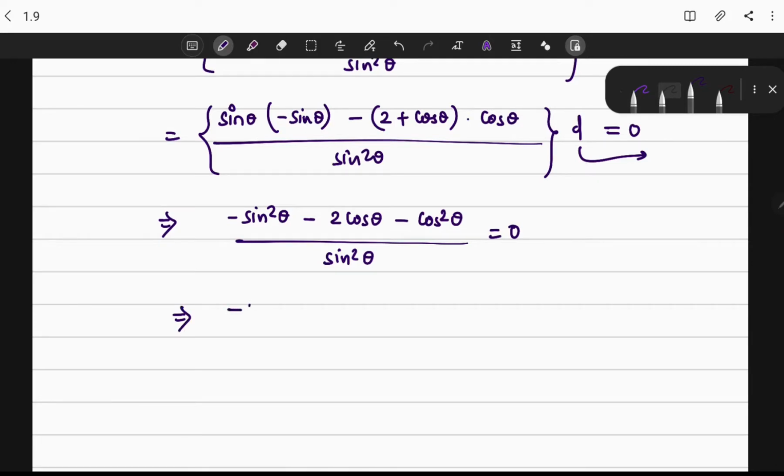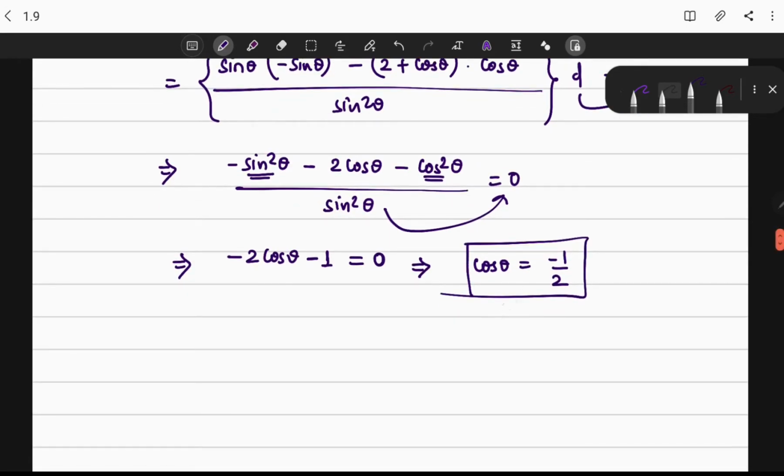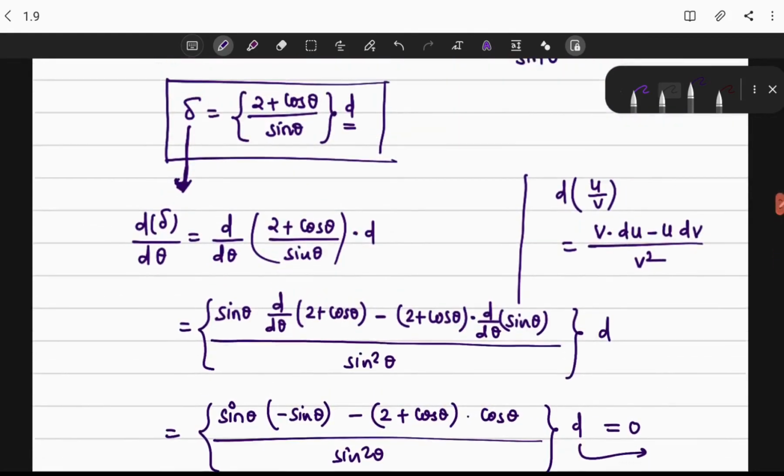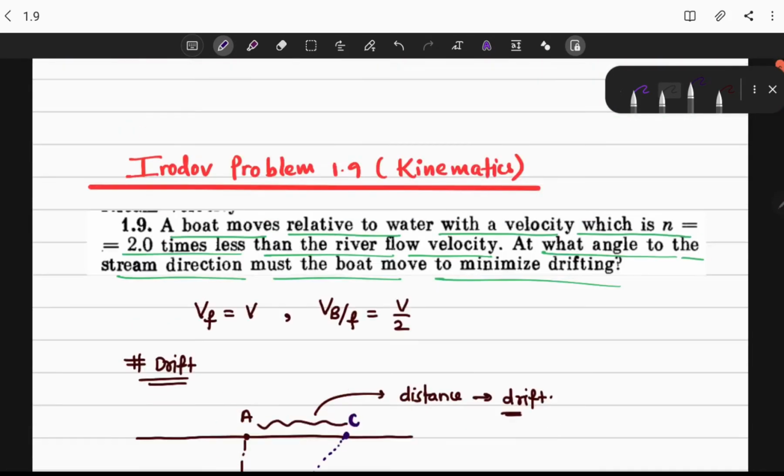On the top we get minus 2 cos theta, and since sin square theta plus cos square theta is equal to 1, we get minus 1 equal to 0. Then we get cos theta is equal to minus half. From here theta is equal to 120 degrees, as it is negative in the second quadrant. I hope the entire procedure is clear.